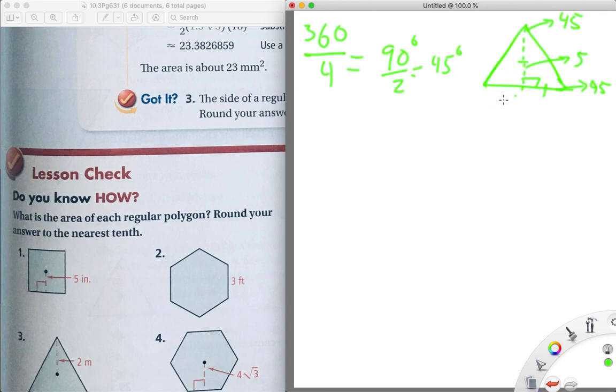So if the apothem is 5, then half of the side is also 5. But I want the whole side, so I will multiply that by 2. So the side is 10. So this whole thing here is 10.